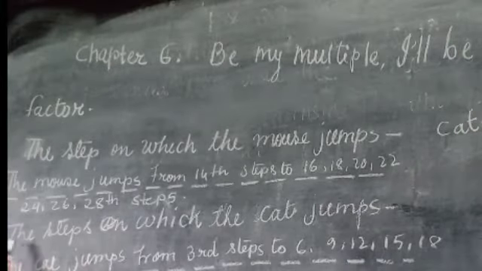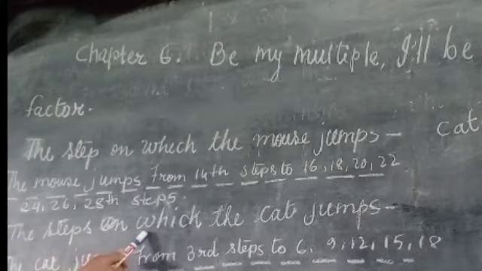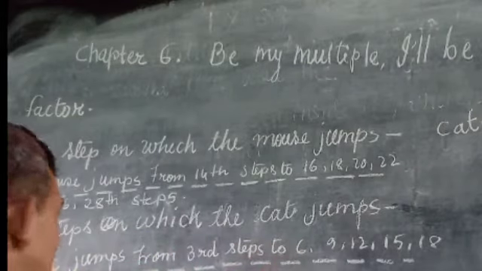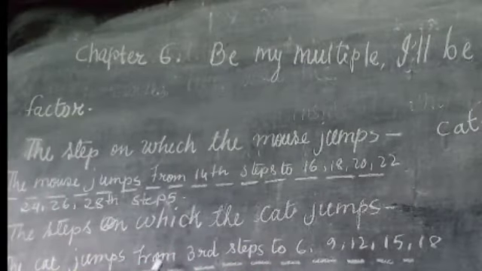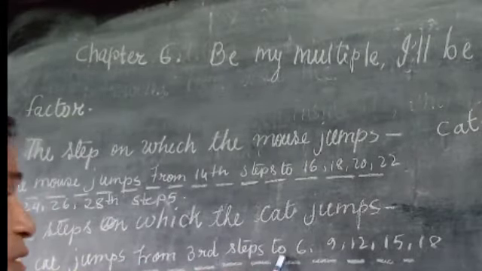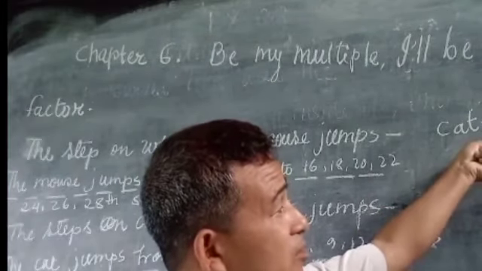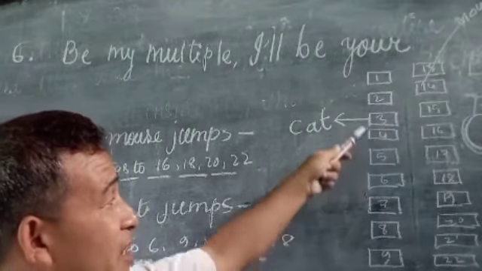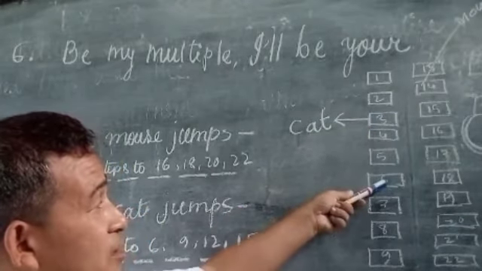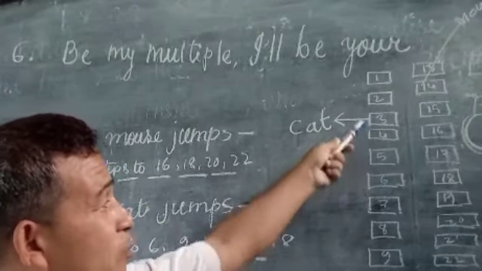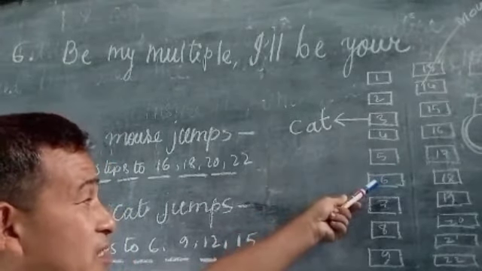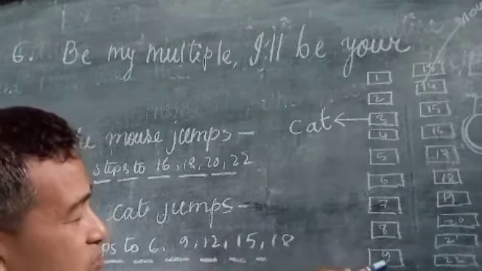Now B, the steps on which the cat jumps. The cat jumps from the 3rd step to 6. It can jump 3 steps at a time, so in one jump it will come to 6, and in the next jump to 9.